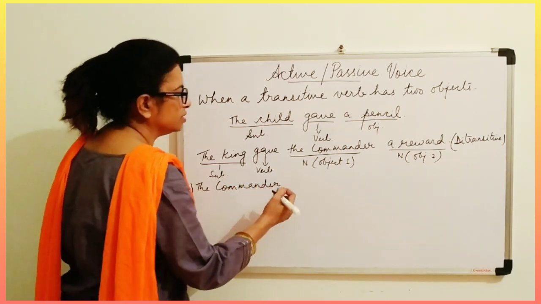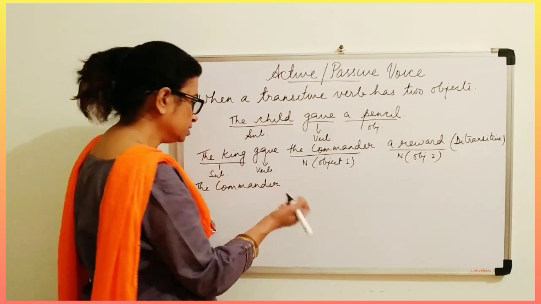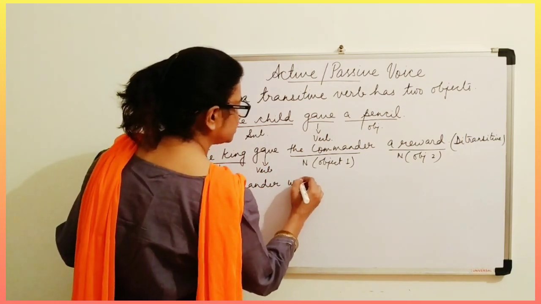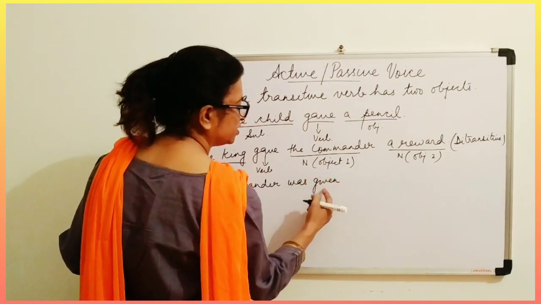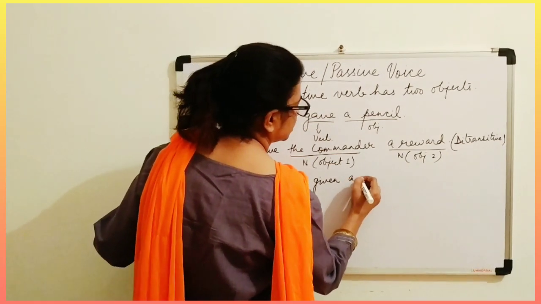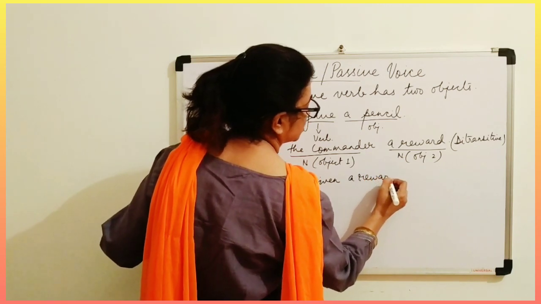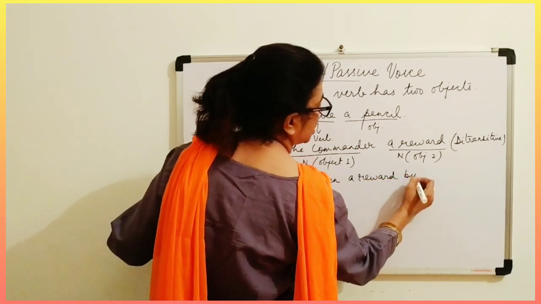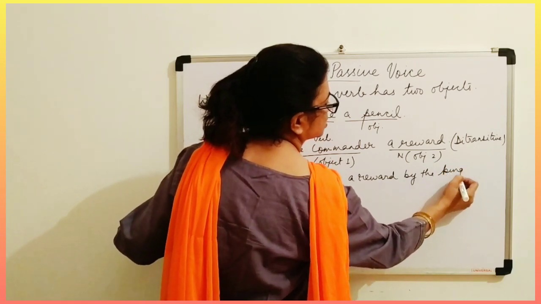The commander. Now this is past tense, so we'll take the past form here. The commander was given. Given is the third form, V3 of the verb. Was given a reward by the king. Isn't it?